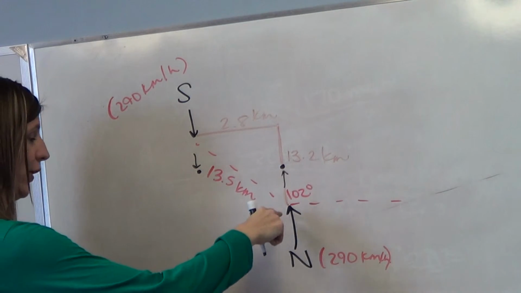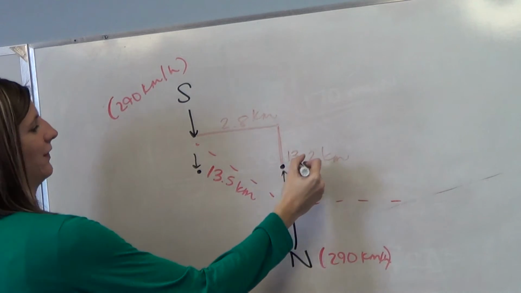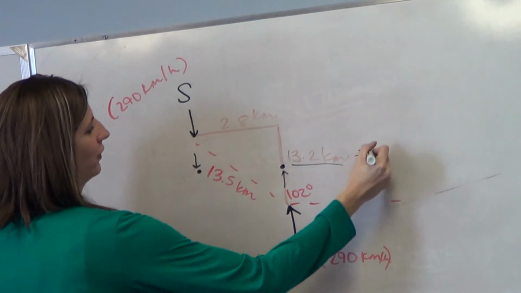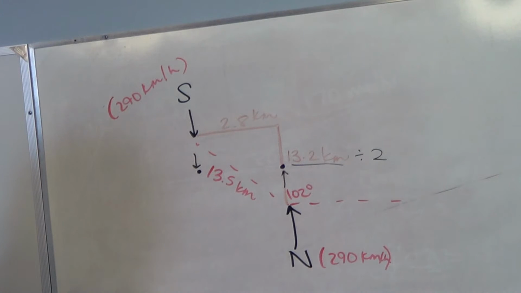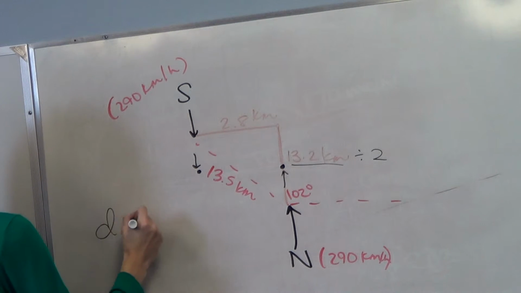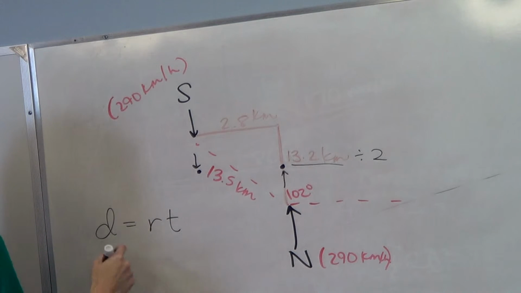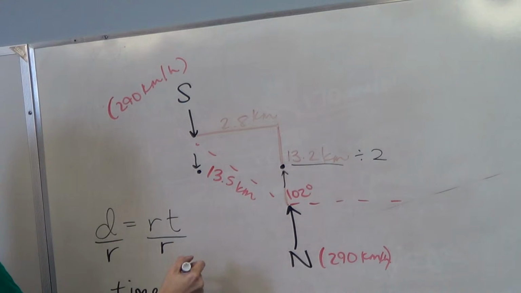So, how far would they have to travel? You would have to divide the vertical distance by 2 to figure out how far that would be. And distance, we'll use the distance equals rate times time. So, to figure out time, we have to divide by the rate. So time is going to equal that distance, which would be what? 6.6, divided by the rate, which is the 290.